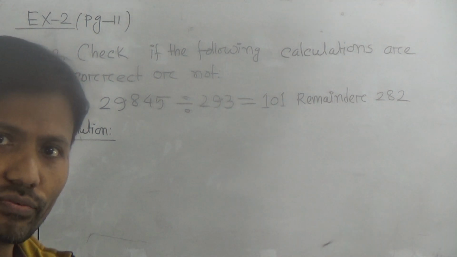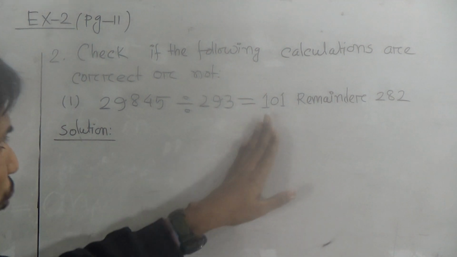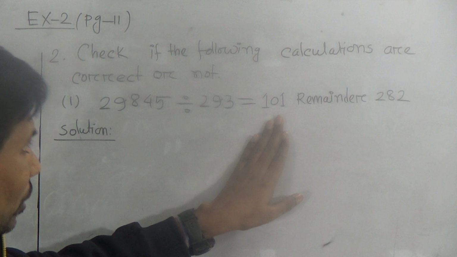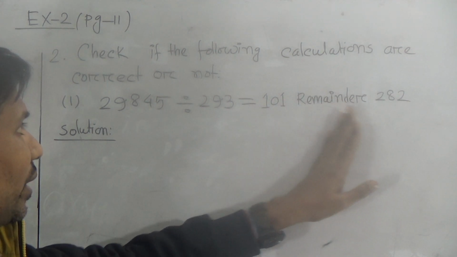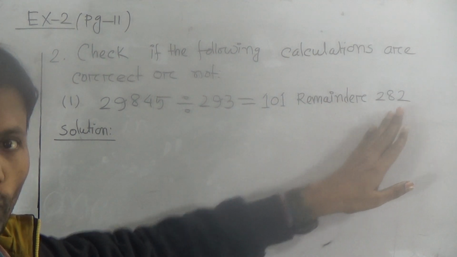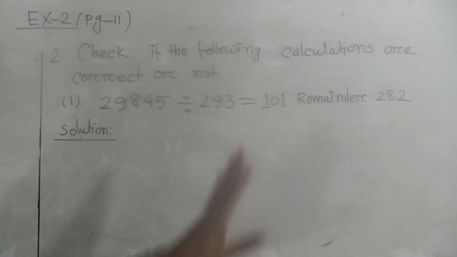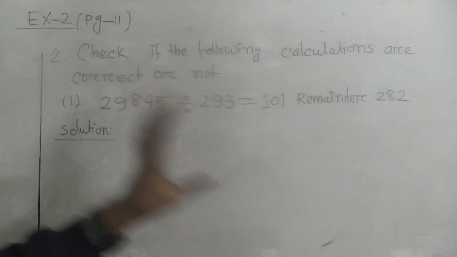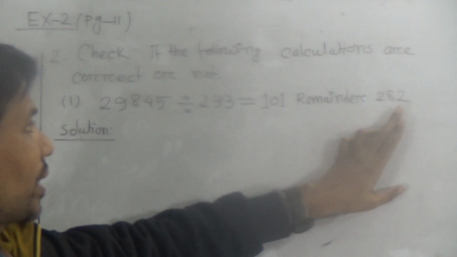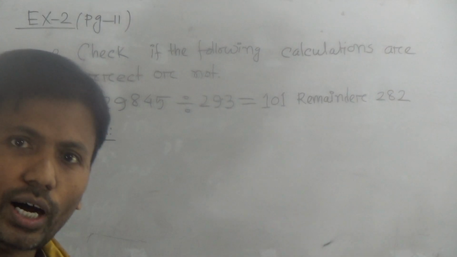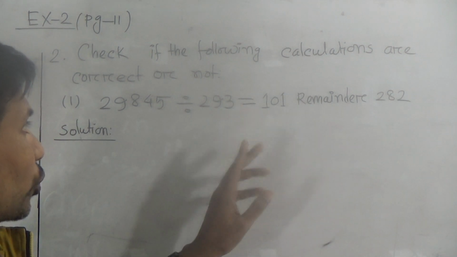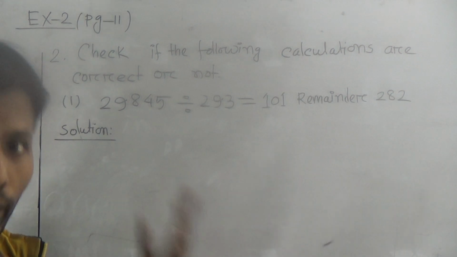Now you have to verify. Your quotient will be 101 and remainder will be 282. You have to now justify. The result is given as quotient 101 and remainder 282, so you have to justify whether your result will be 101 or another.